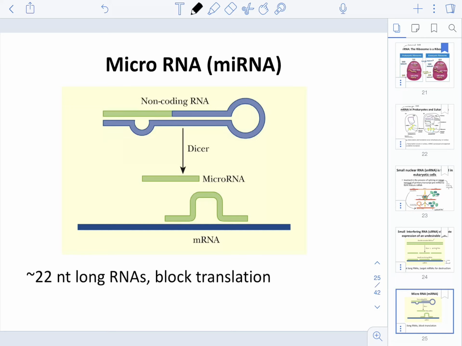When it comes to microRNAs or miRNA, understand that these start as a single-stranded RNA molecule that this enzyme Dicer also acts on, and it creates the microRNA.